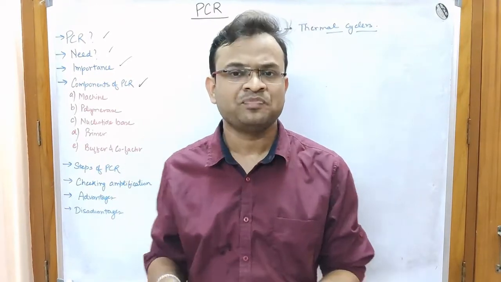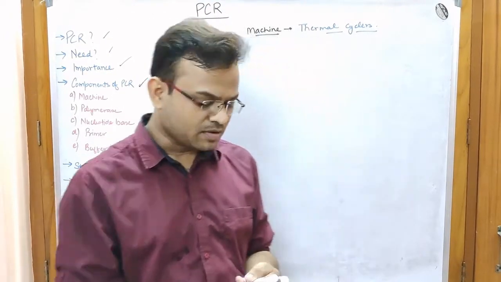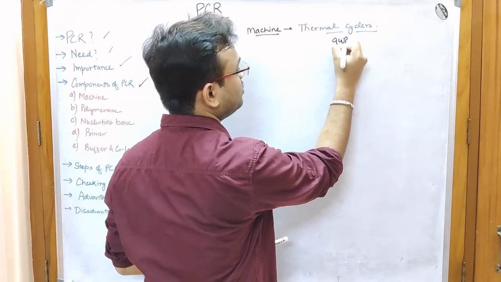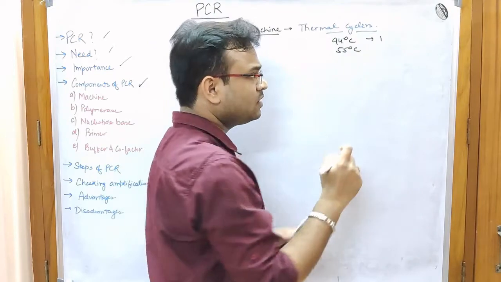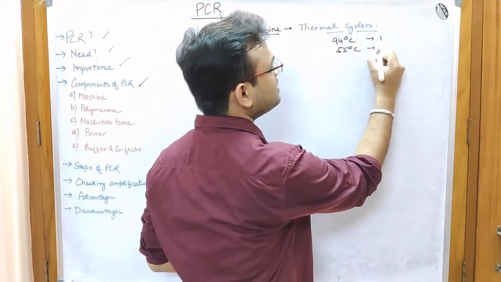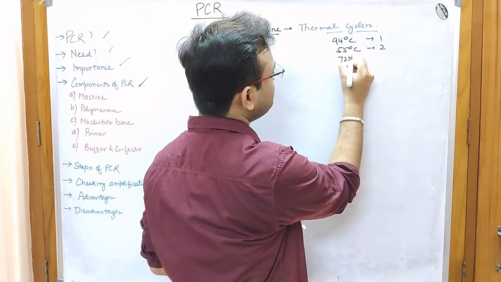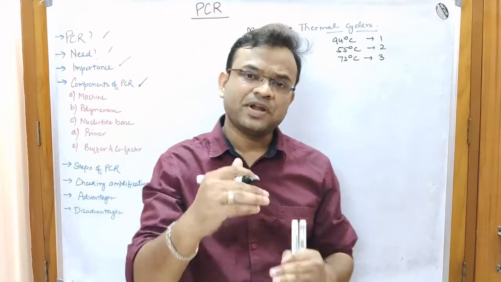but each process requires a different temperature. So the PCR machine ensures that a particular temperature is reached, that is 94 degrees centigrade for the first step, 55 degrees centigrade for the second step, and 72 degrees centigrade for the third step. So there is a range of temperatures.